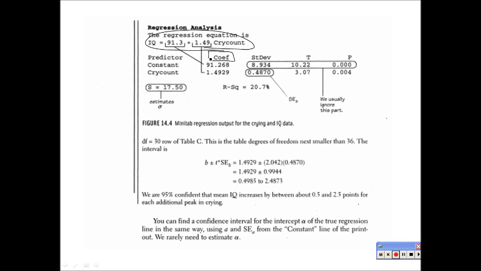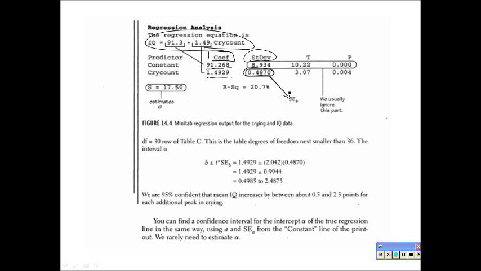The intercept 91.268 appears in the constant row. The slope b, 1.4929, appears in the cry count row when we enter the data. The next column over in the output, headed standard deviation, gives standard errors. In particular, the standard error of b is 0.4870.